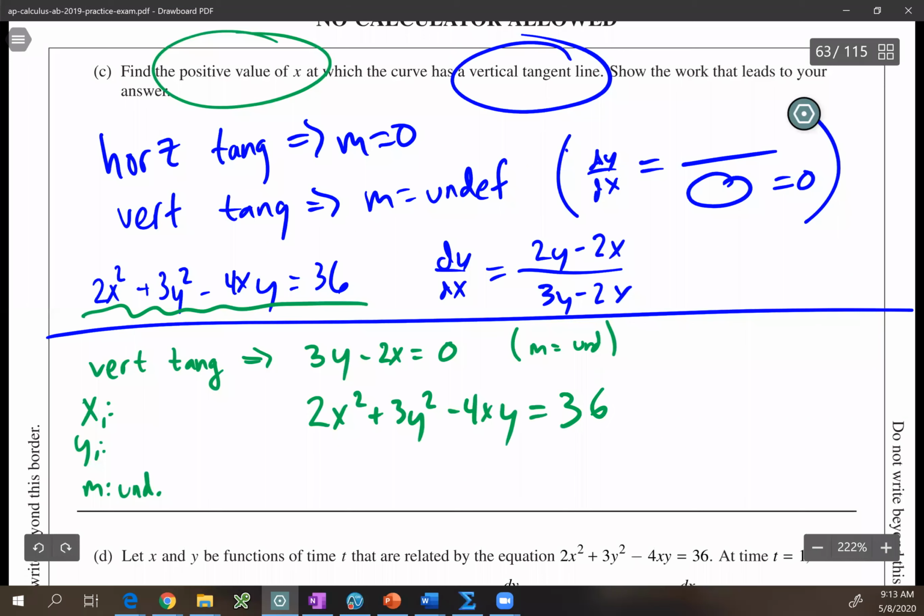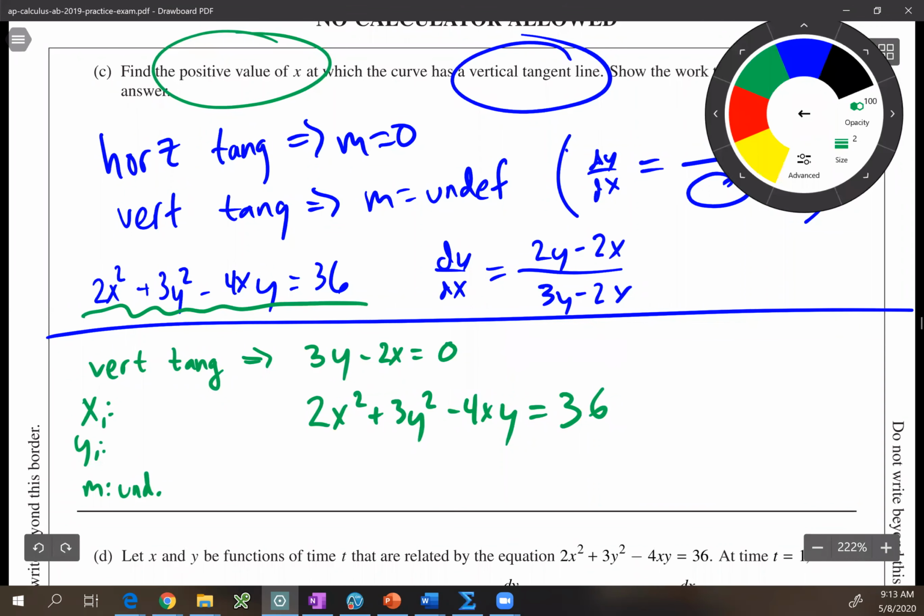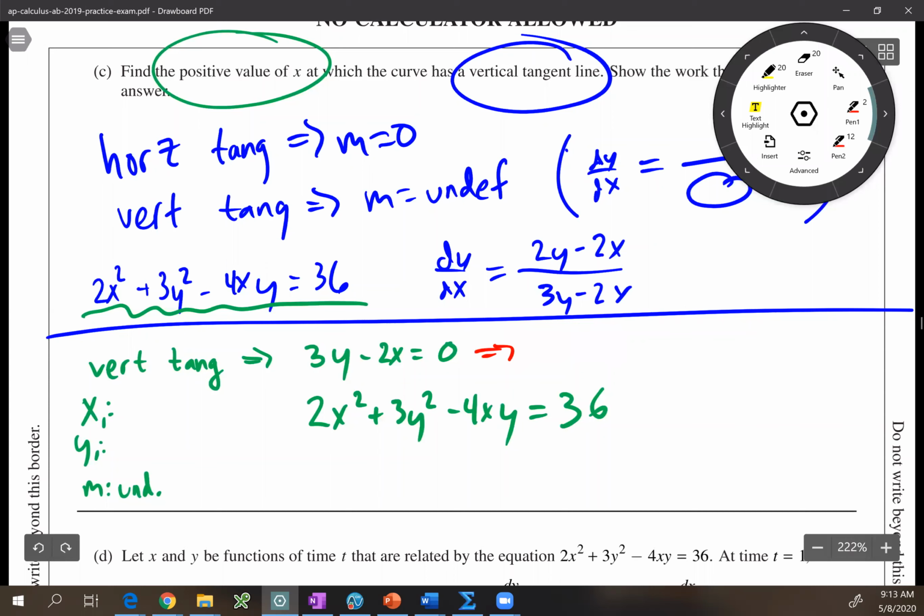And on traditional AP tests, this would be a lot harder because what we would have had to do is solve for one of these, say y equals 2x over 3, and then plug that in everywhere we see a y, and then do factoring and solve it, and it just gets really, really nasty.